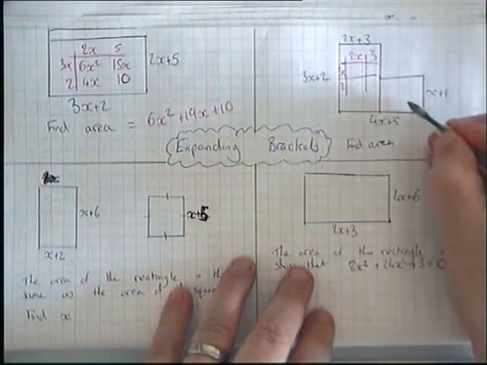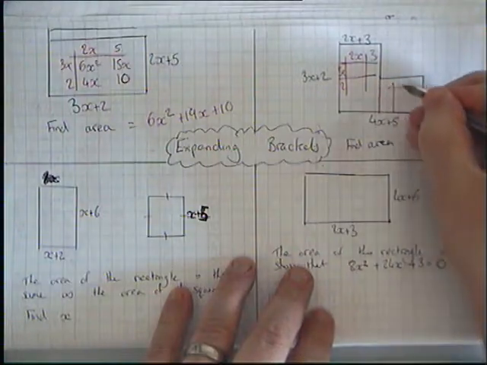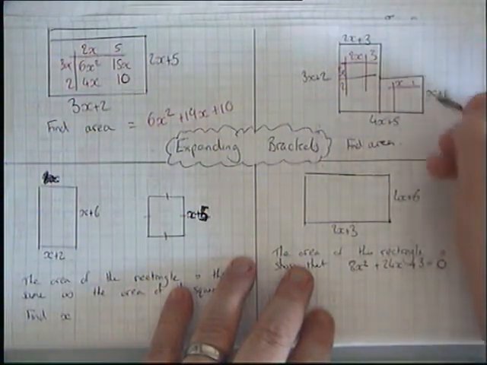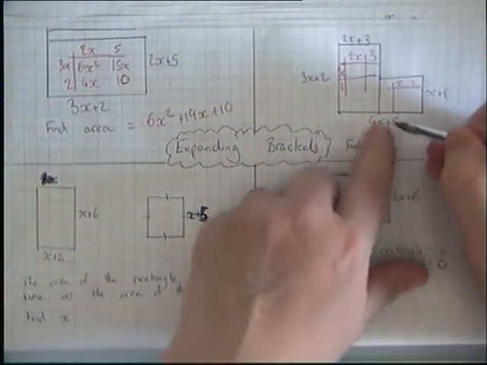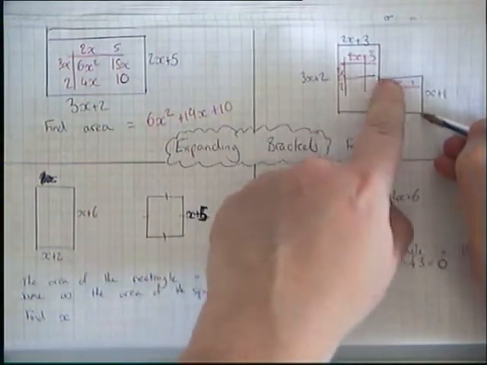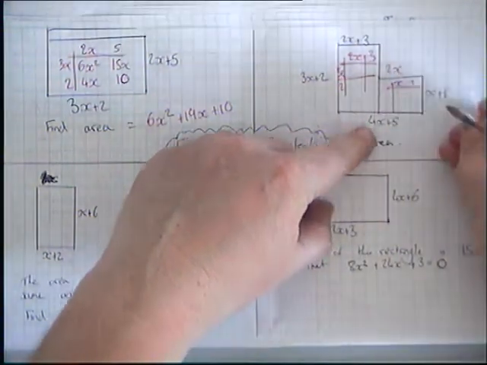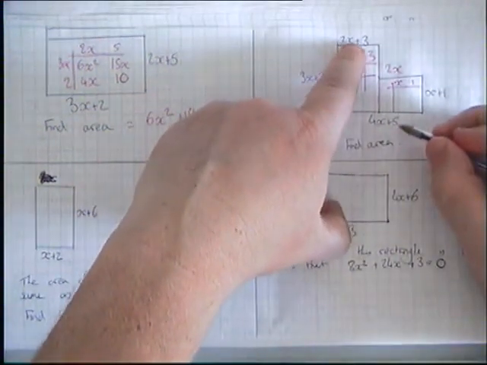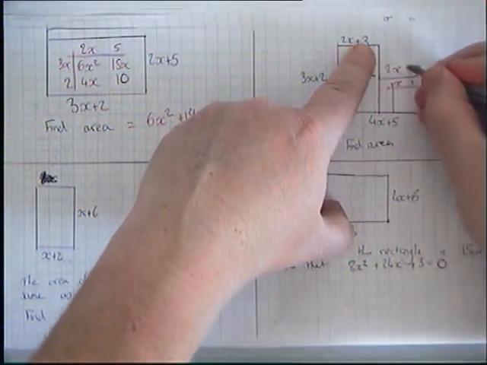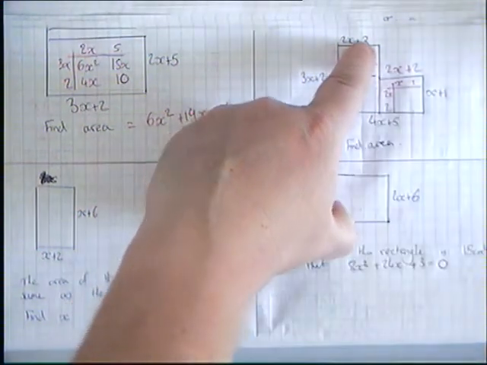In this rectangle, I've got x add 1, but I don't know what this width is. So I need to work out the difference between this whole length and this length to find this bit. Well, in the x's, I've got 2x's more, so that must be 2x. And in the other bits, I've got an add 3 and I want an add 5, so I've got to add on another 2. So my other length will be 2x add 2.